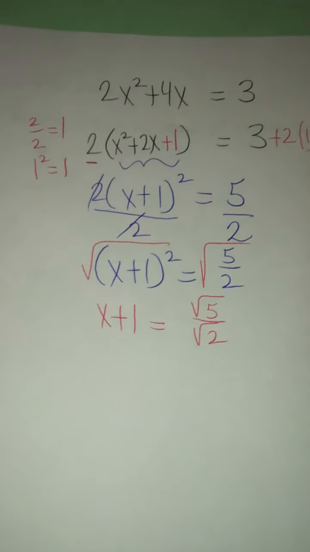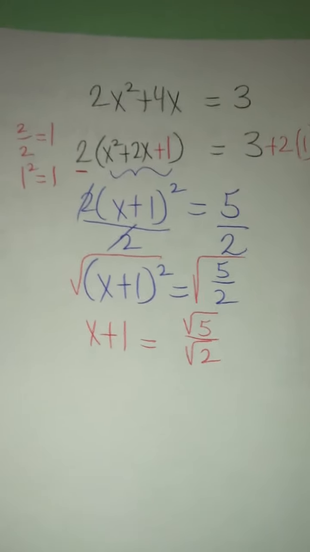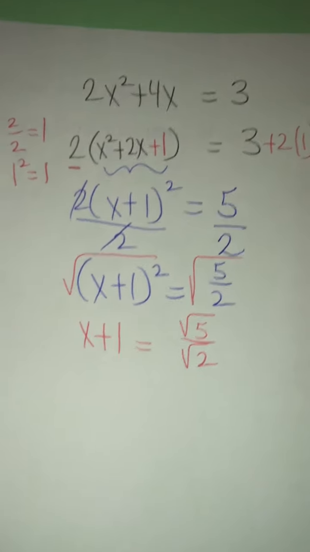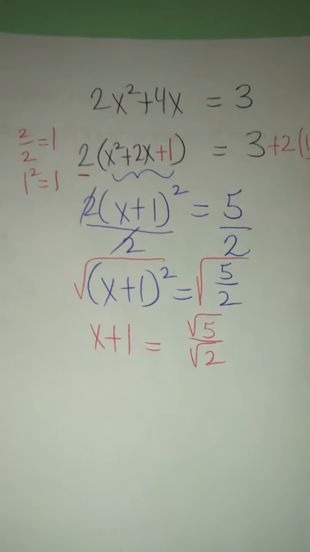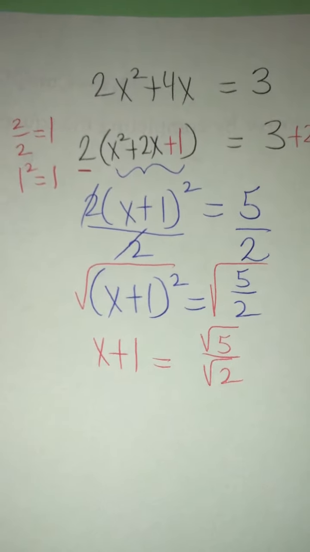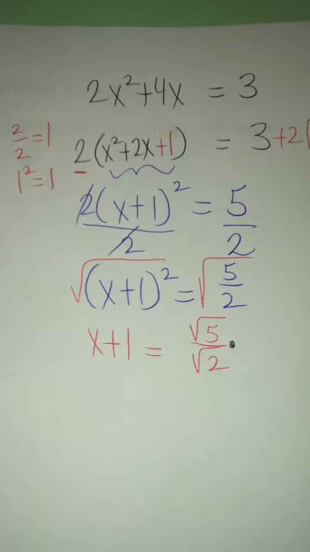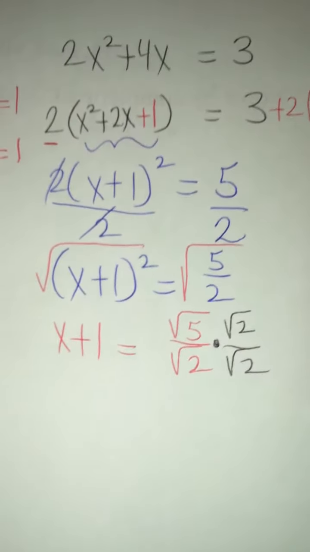We can split it up because we want the denominator to not have a radical. So on the right-hand side, we need to rationalize the denominator just a bit. To rationalize the denominator, you just multiply the top and the bottom by square root of 2.